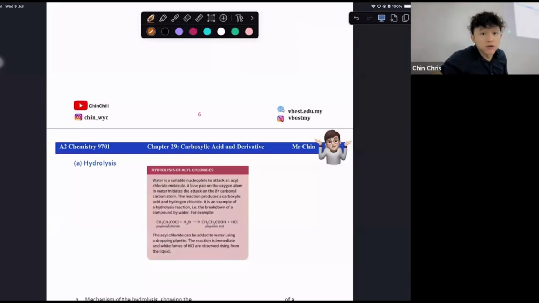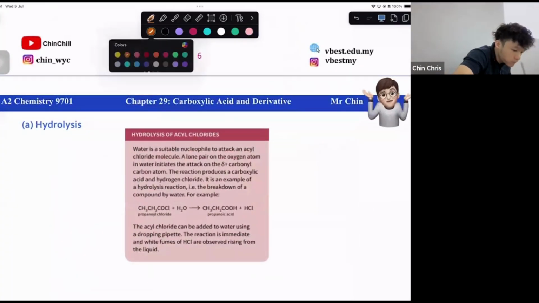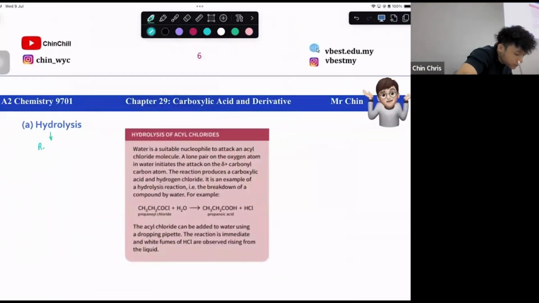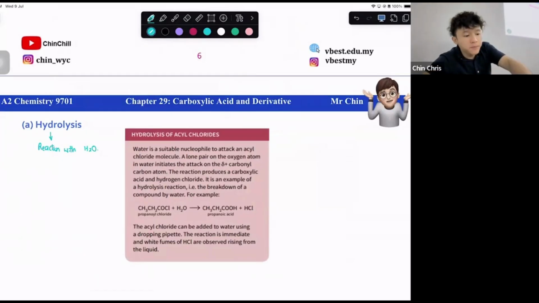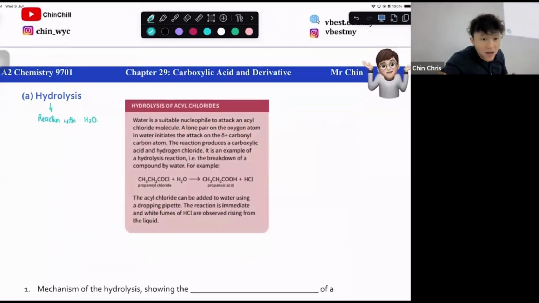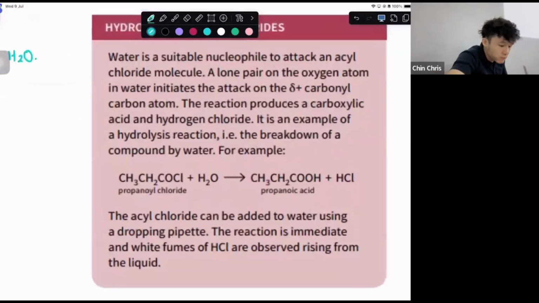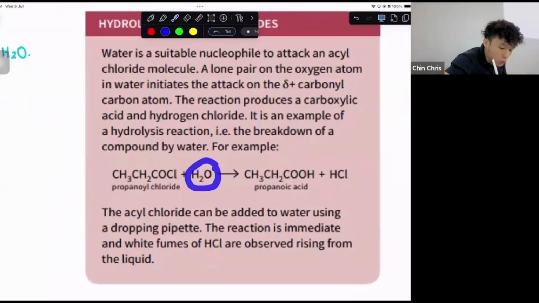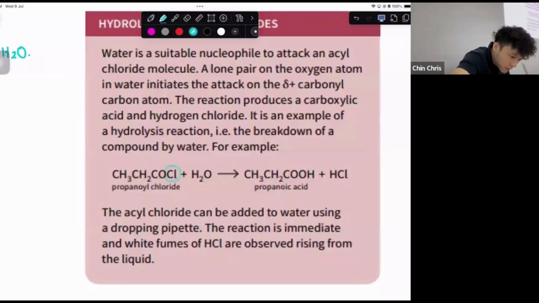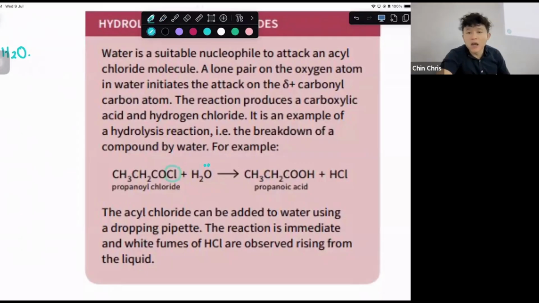Right now let's look at the reaction, hydrolysis. Hydrolysis is basically a reaction with H2O, which means you add H2O in it. Let's look at the mechanism of the hydrolysis. Your H2O has a lone pair on oxygen, and it will eliminate the Cl.